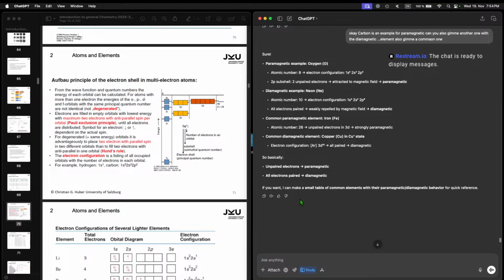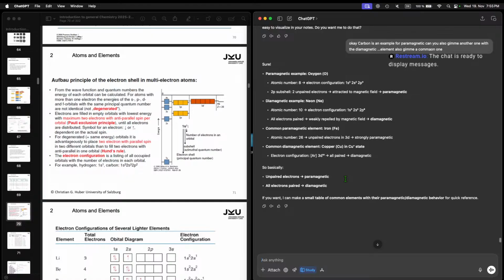Oxygen, okay. Neon, atomic number 10, is a common paramagnetic element. Copper? Nah, no, no, no. I'm going to take neon.